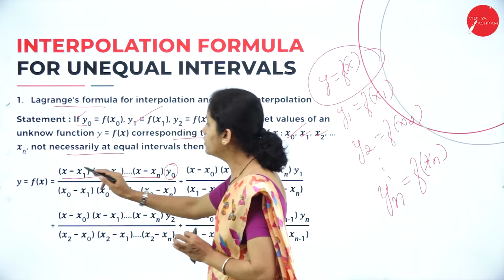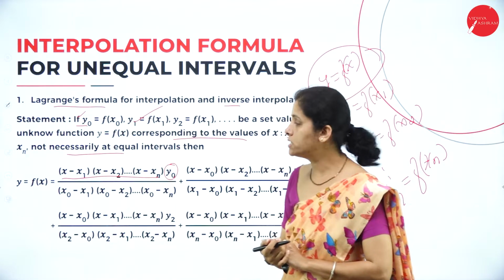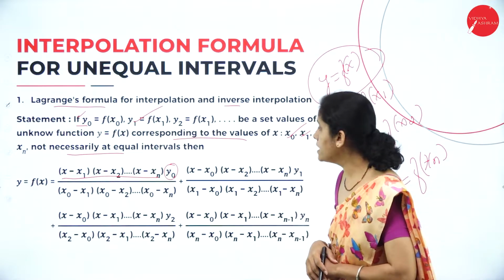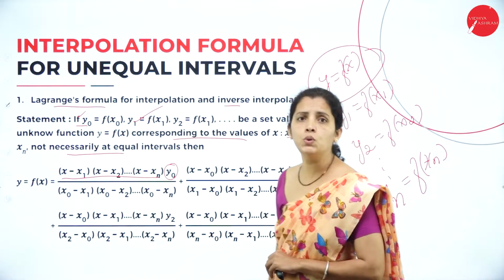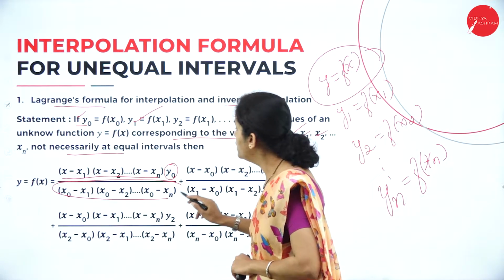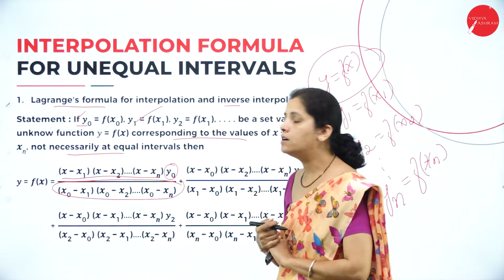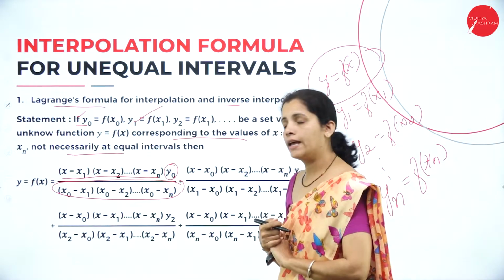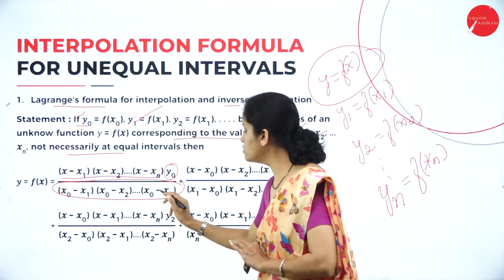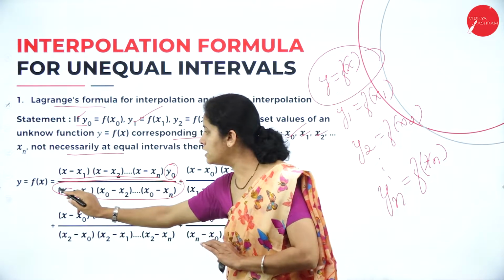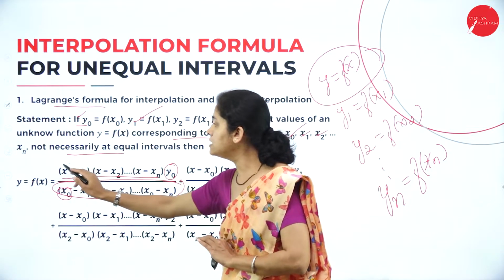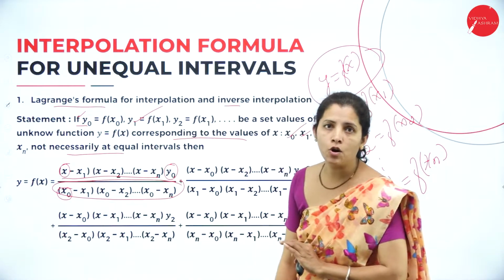I'm going to start from x minus x1, x minus x2 up to x minus xn, into y naught. And below, x naught minus x1, x naught minus x2 up to x naught minus xn. Here x naught is common in the denominator, and in the numerator x is common.